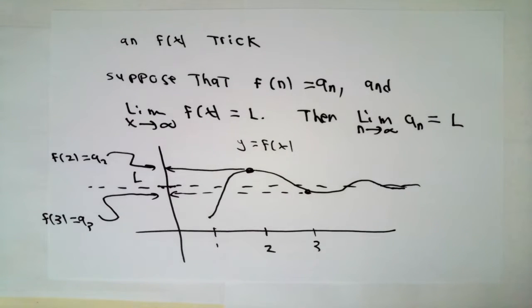If I evaluate f when x is 3, I get f of 3, but f of 3 is a_3, which is closer to L, because for any x, as I let the x get larger, the f of x value is supposed to approach L. If x is the positive whole number 10, f of 10 is also a_10, which is very close to L. Because all of the f of x's, as x becomes large, approach L, in particular, if x is a large positive whole number, f of x will be near L, but such an f of x is an a_n for some large index.